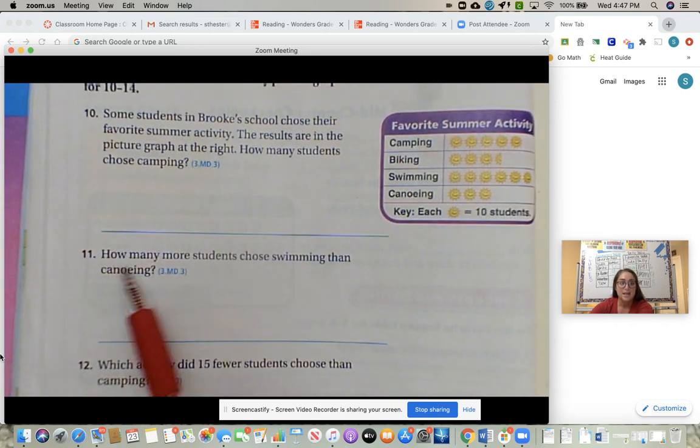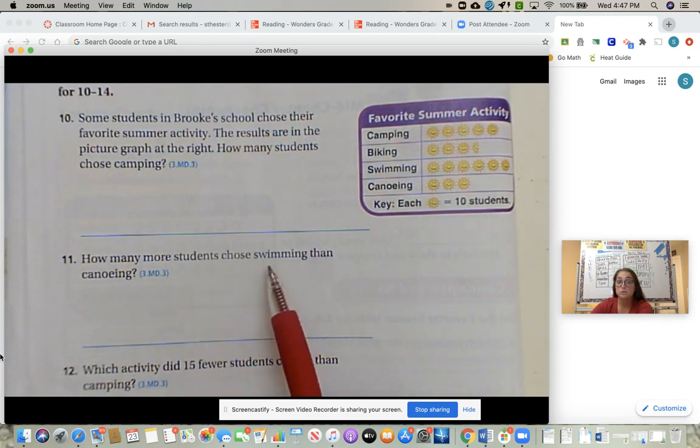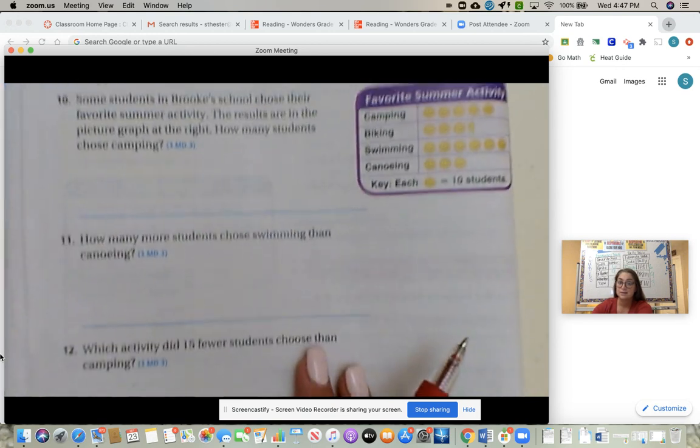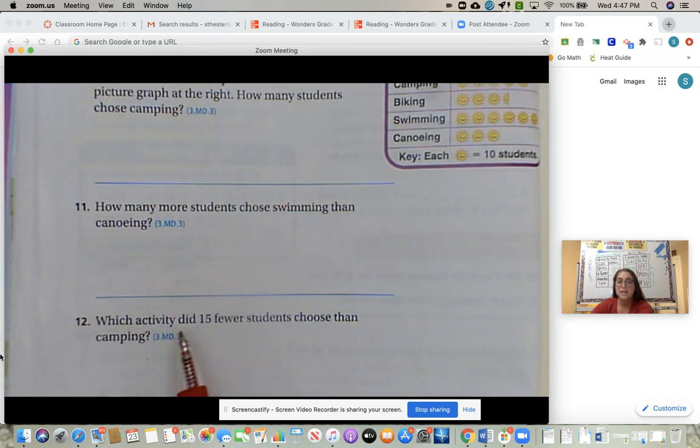Number 11. How many more students chose swimming than canoeing? So you need to find your key numbers in your graph. There is a math verb. Let's go ahead and solve. Number 12. Which activity did 15 fewer students choose than camping?